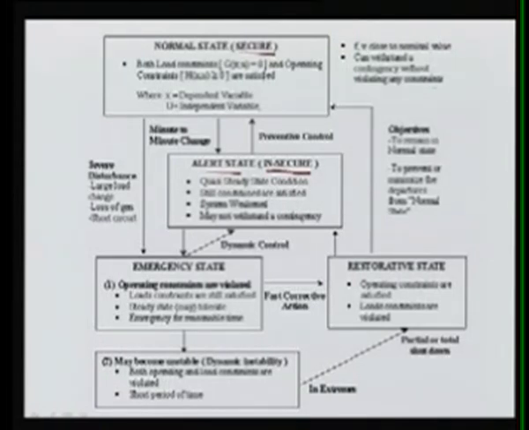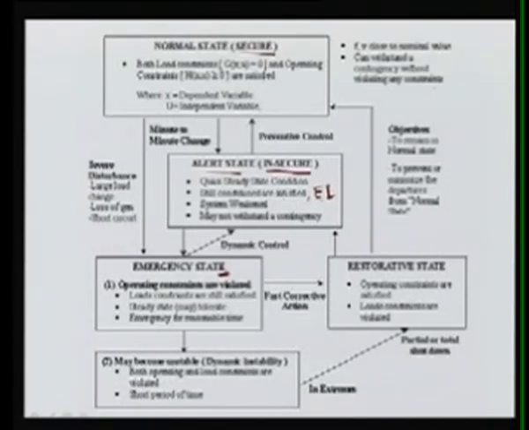In the alert state, it is a quasi-steady state condition, and constraints are still satisfied, meaning both your E and your I are satisfied, but the system is very weak, so if there is any other contingency it may not withstand, and your system may come into the emergency state. In emergency, he has classified two types.